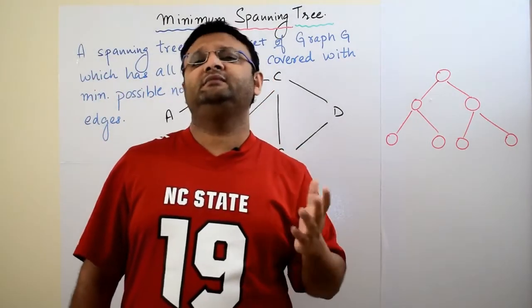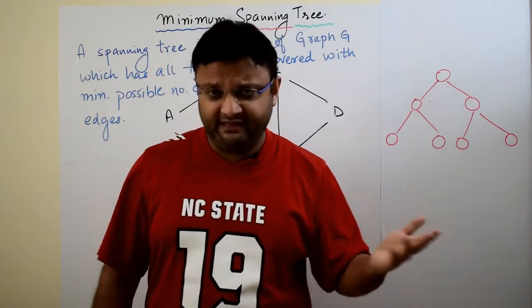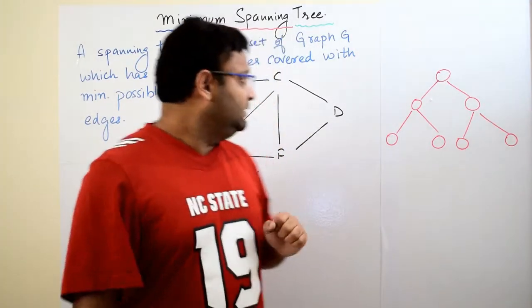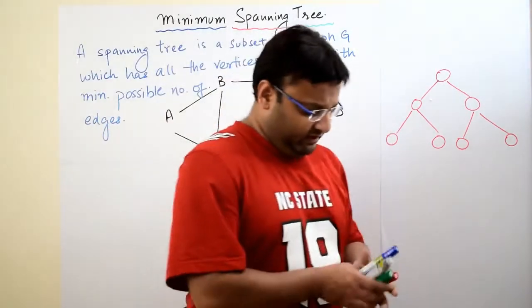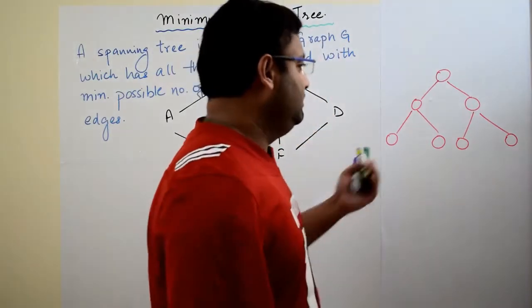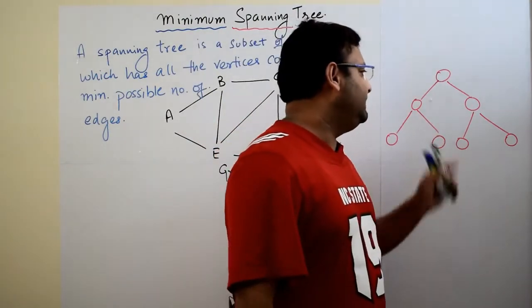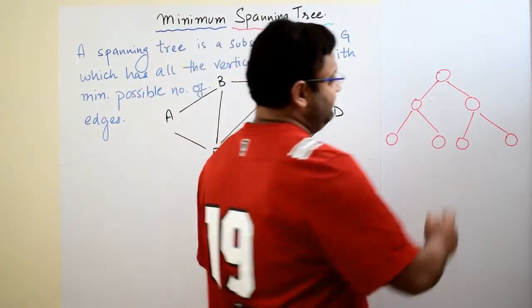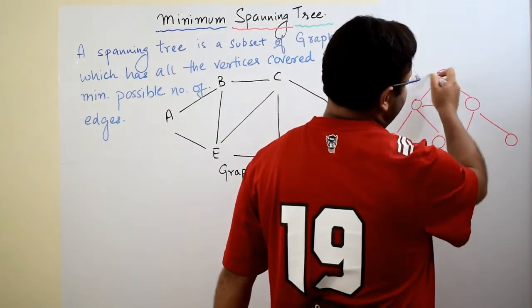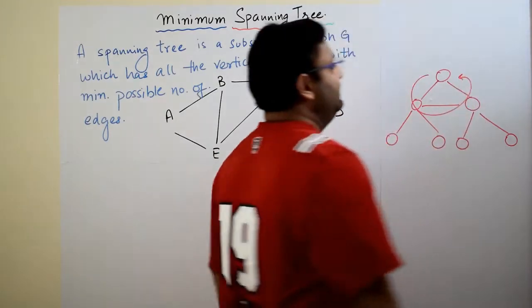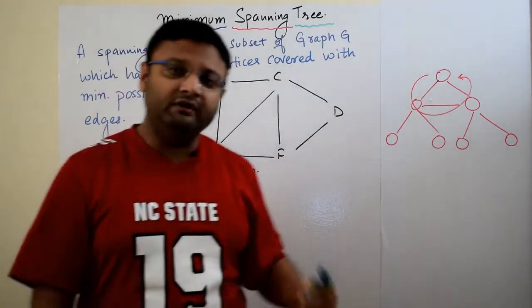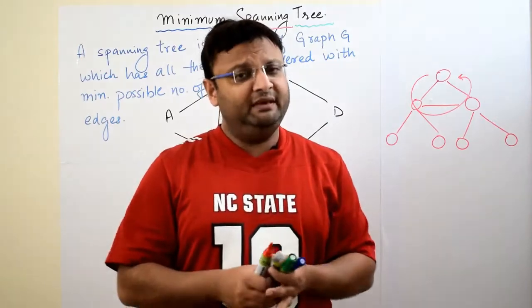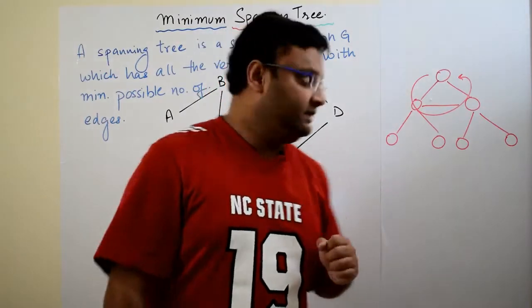Your tree is nothing but a graph which has no cycles, right? For example, a binary tree, which you might know very well, is a graph and there is no cycle. But if I introduce any cycle in this tree, it's no longer a tree, right? So a tree means a graph with no cycles.